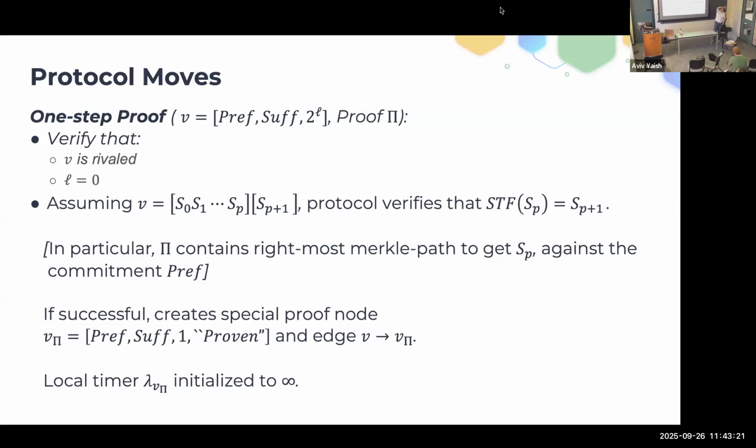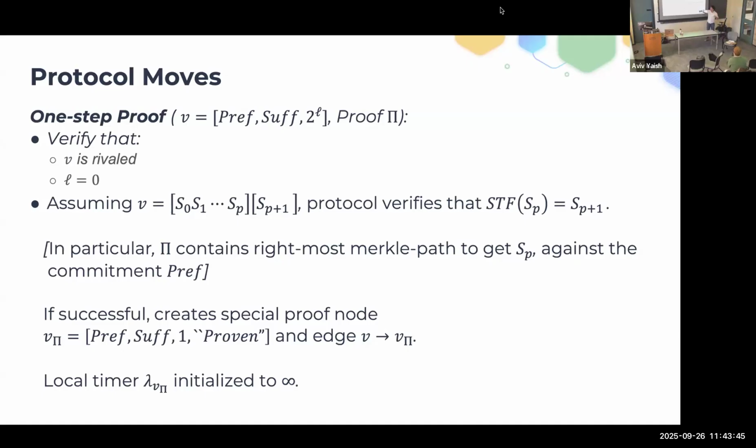The proof will contain hashes to parts of the state that don't matter. You can think that the move from SP to SP plus 1 is just maybe to add a number to some register in the state. And so the proof will give all the correct information to allow the smart contract to execute this. But I don't want to say any more about this.